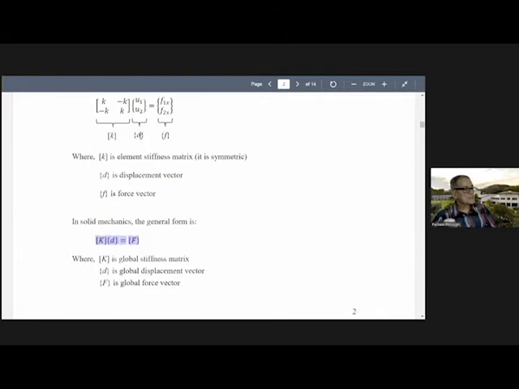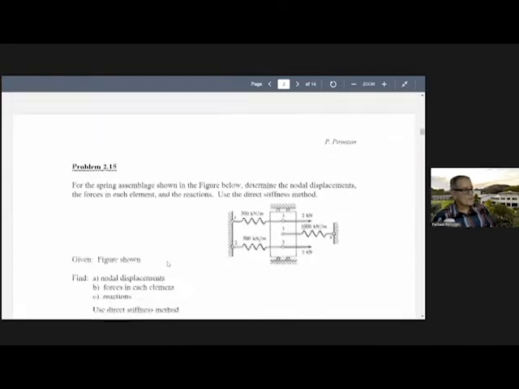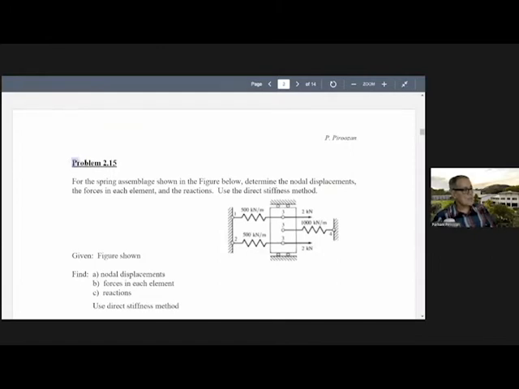This is the displacement vector for displacement of all nodes in the system, and this is the force vector. This is lowercase f for one element. This is the global force vector. In finite element methods, our solutions always end up like this, KD is equal to F. With this, now let's solve an example problem 2.15.